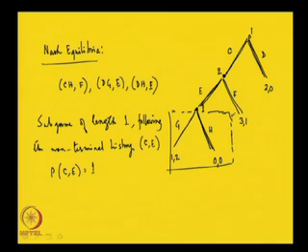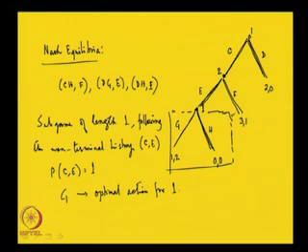Now, what is optimal for 1? Optimal for 1 is obviously G. So, G is the optimal action for 1 after the history CE. This we are taking as given, and then we try to go backwards.